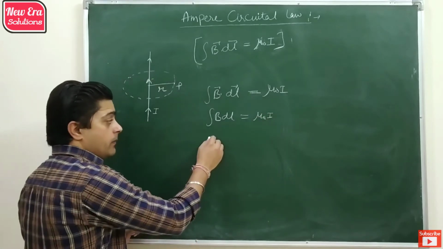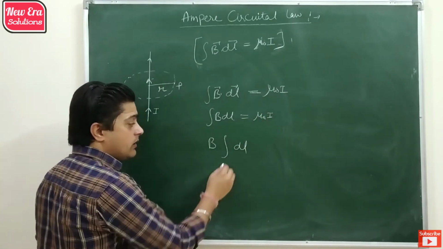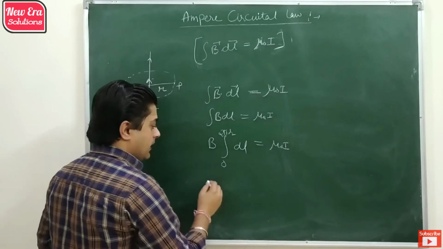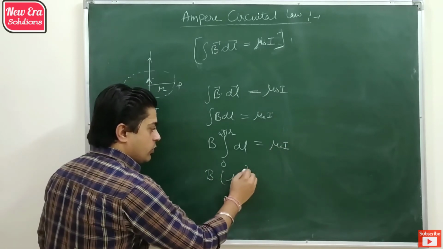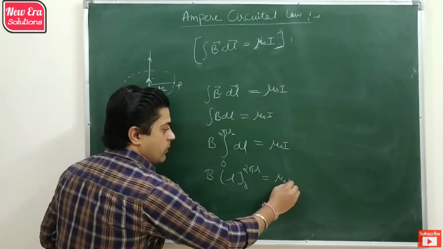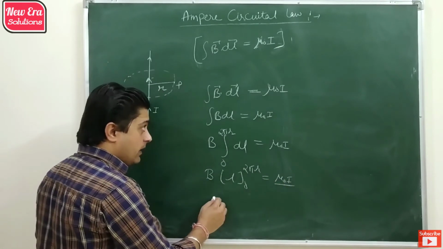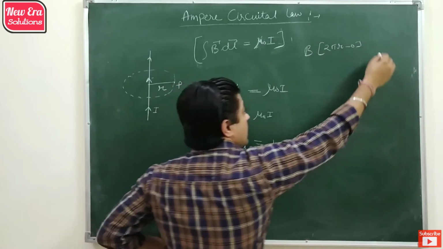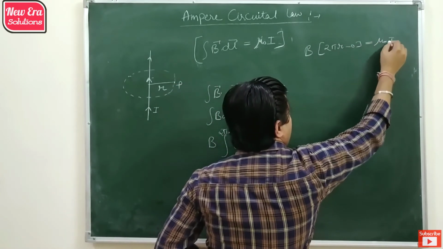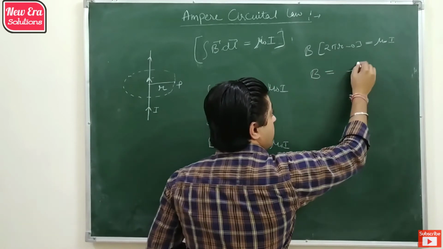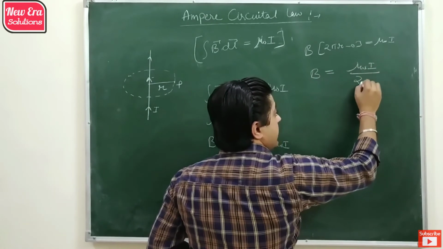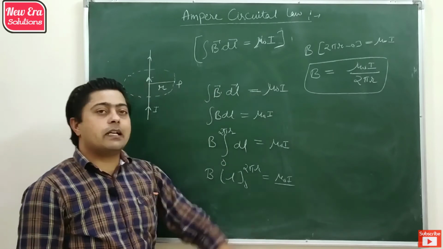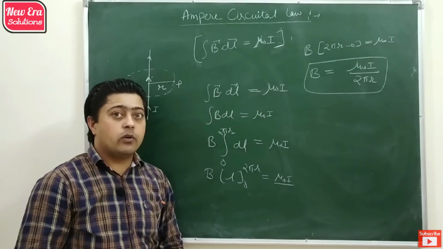Then B, which we have to find, is the integration with limit 0 to 2 pi r, equal to mu naught I. So B dl with limit 0 to 2 pi r is equal to mu naught I. By putting the value of limits, we get B into 2 pi r minus 0 is equal to mu naught I. Then the magnetic field at point P due to an infinitely long wire is mu naught I by 2 pi r, which is the exact value we obtain by using Biot-Savart's law.